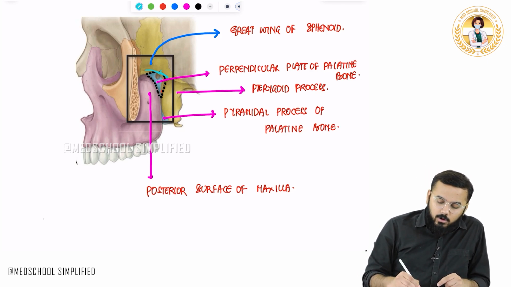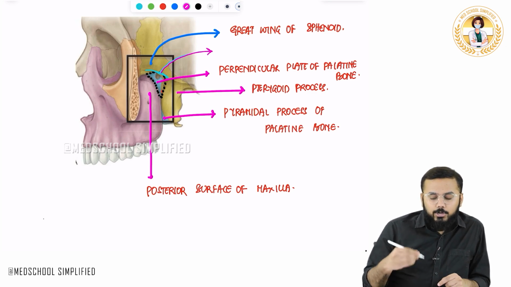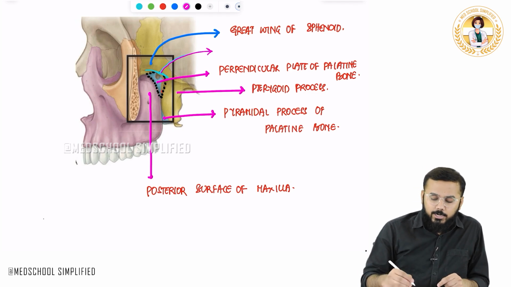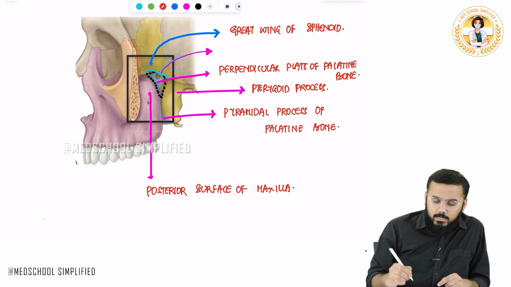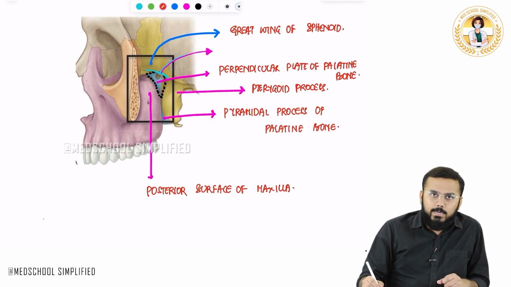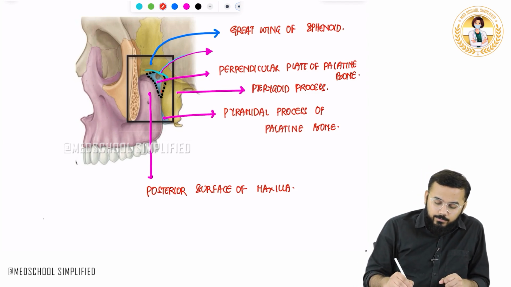I will show it to you later in a 2D 3D image. But for now, just write down that the lateral border has the pterygomaxillary fissure.